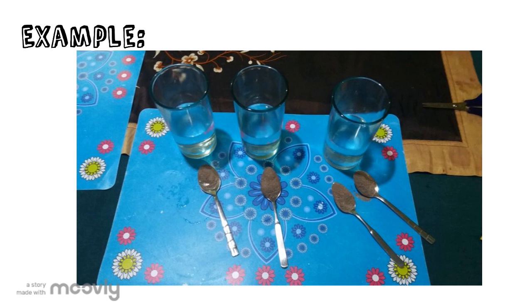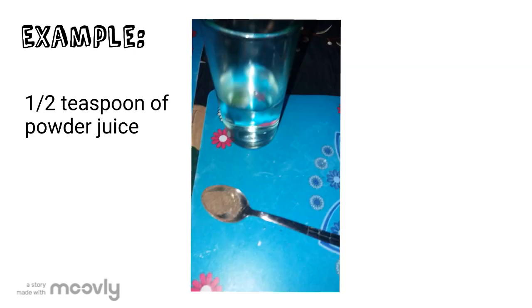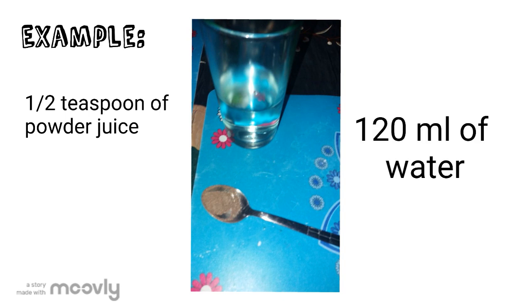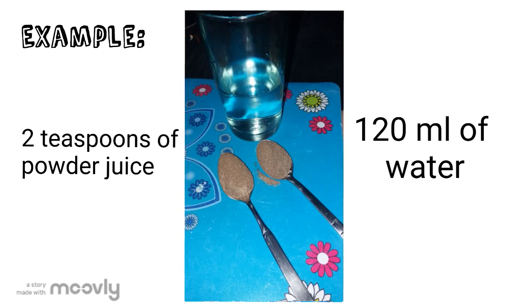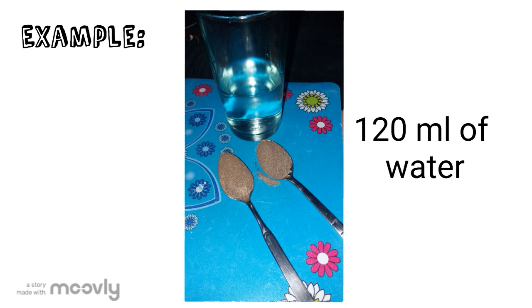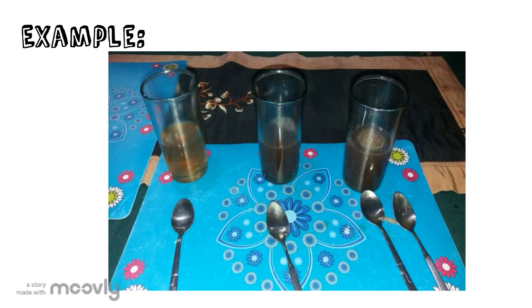On the first glass, we're going to mix 1/2 teaspoon of powdered juice into 120 milliliters of water. On the second glass, we're going to pour 1 teaspoon of powdered juice. And on the third, we're going to have 2 teaspoons of powdered juice into the same amount of water.